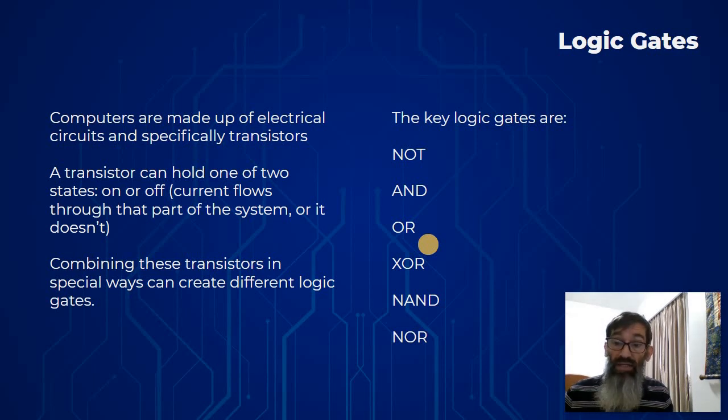Transistors allow current to flow through them under certain situations, and so that gives us an on or an off situation. It's a very efficient switch.